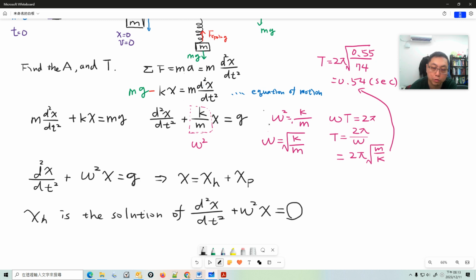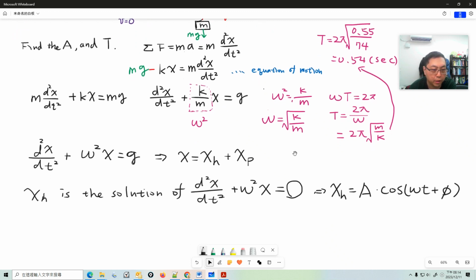That's called the homogeneous solution. So this homogeneous solution goes back to the simple harmonic oscillation equation. Your homogeneous solution is just the solution of the simple harmonic oscillator, A cos(omega t plus phi).